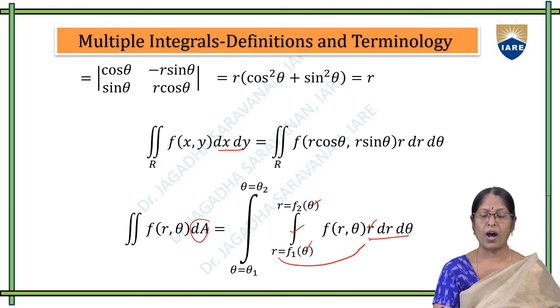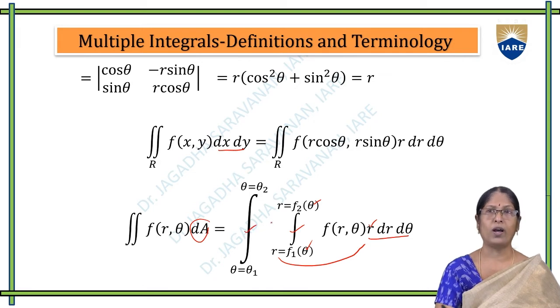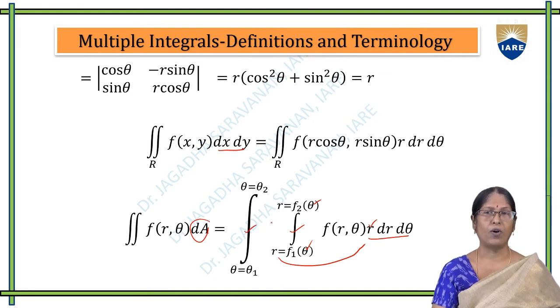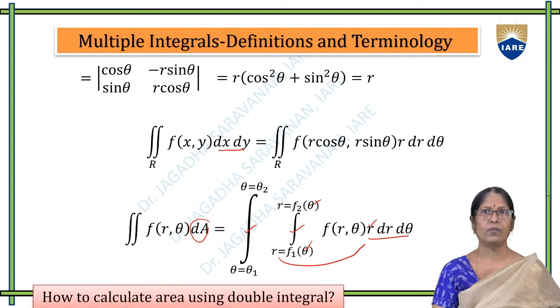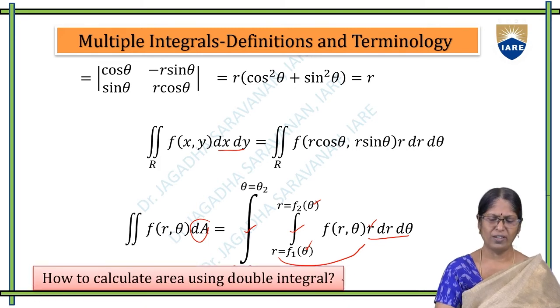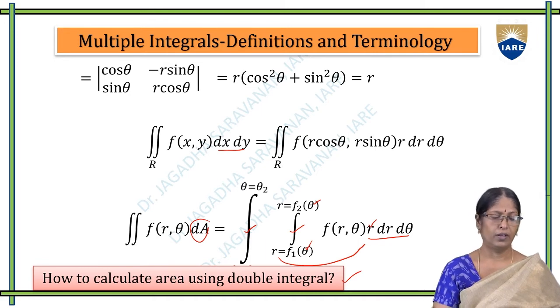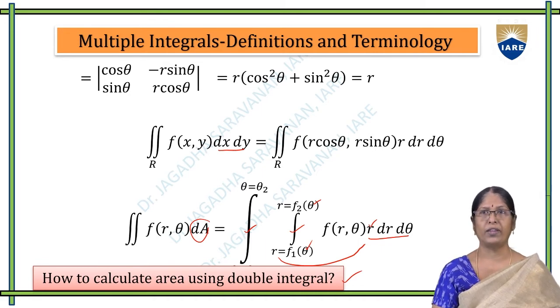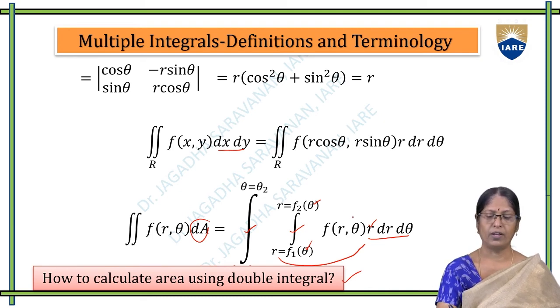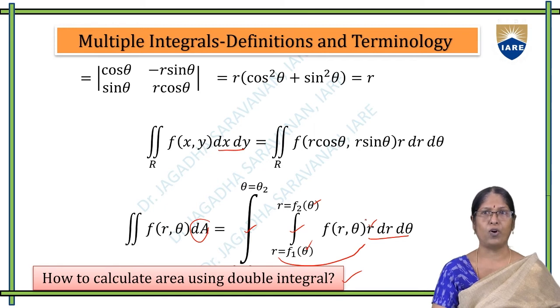Now f of r comma theta, r dr d theta. The outermost one is allocated for theta. So what is the question we can expect from this particular slide? That is how to calculate area using a double integral. Then we can produce this formula.